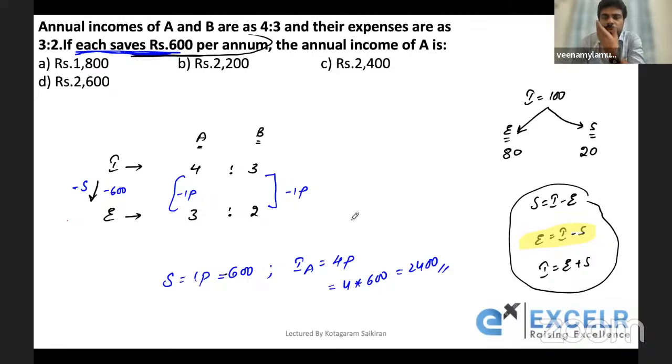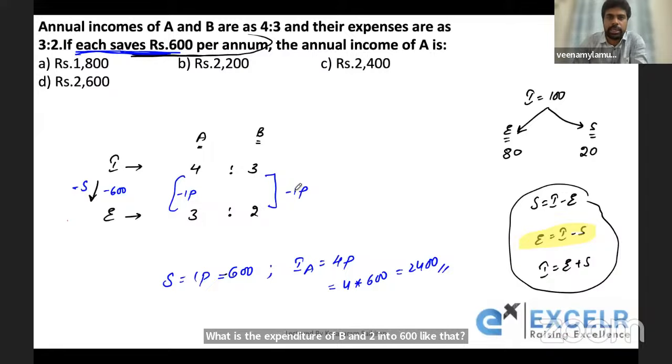If he asks you what is the expenditure of A, then it is 3 into 600. If he asks you what is the expenditure of B, then it is 2 into 600, like that. Okay. Next. That is case 1.